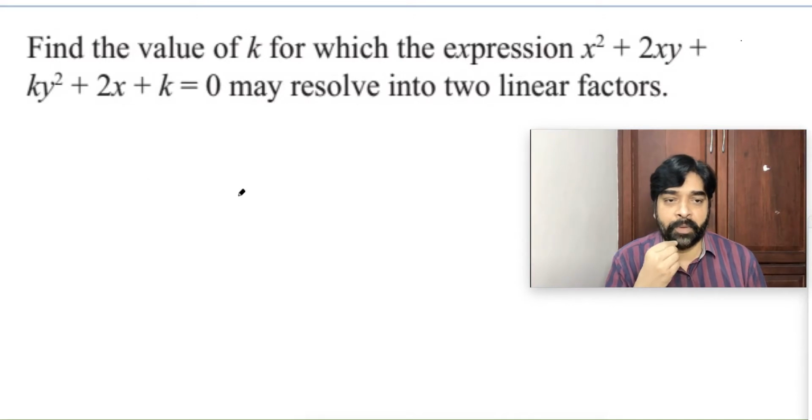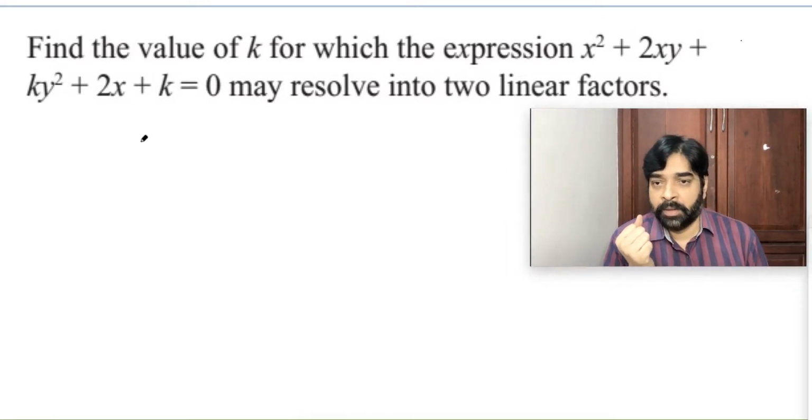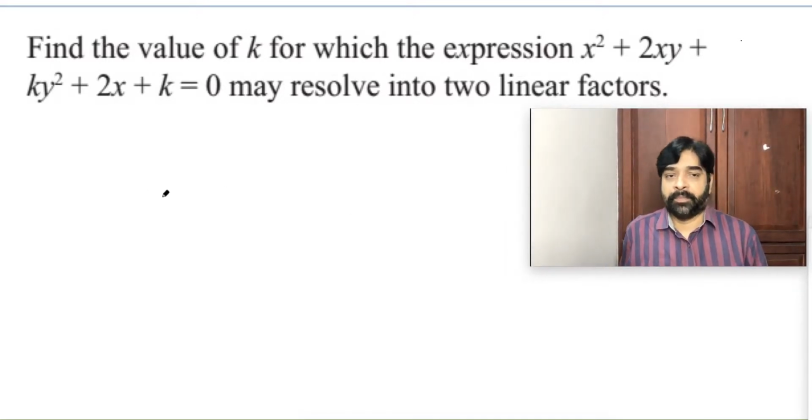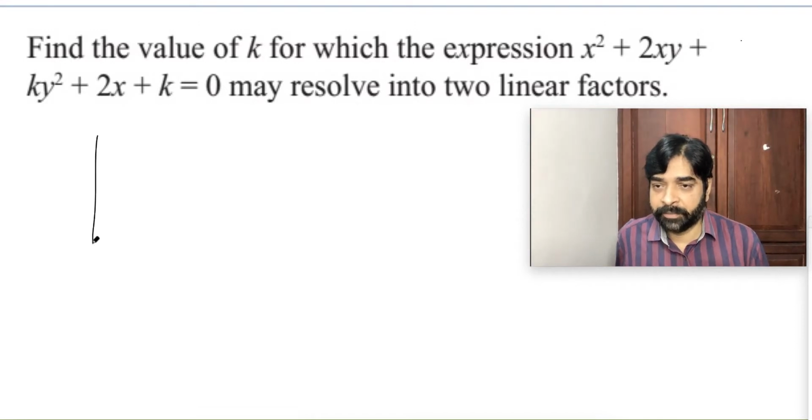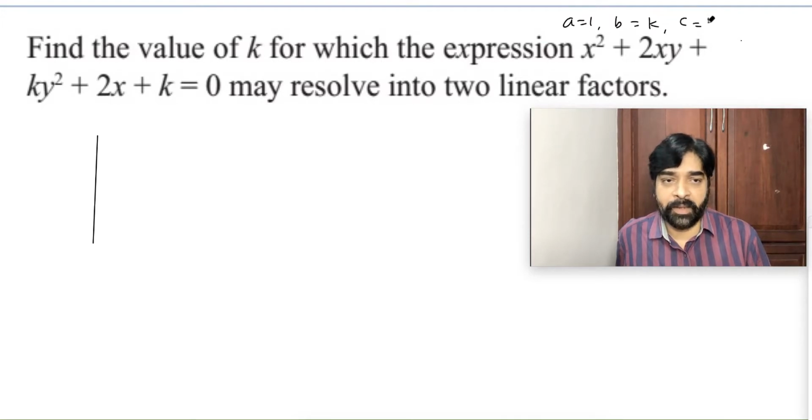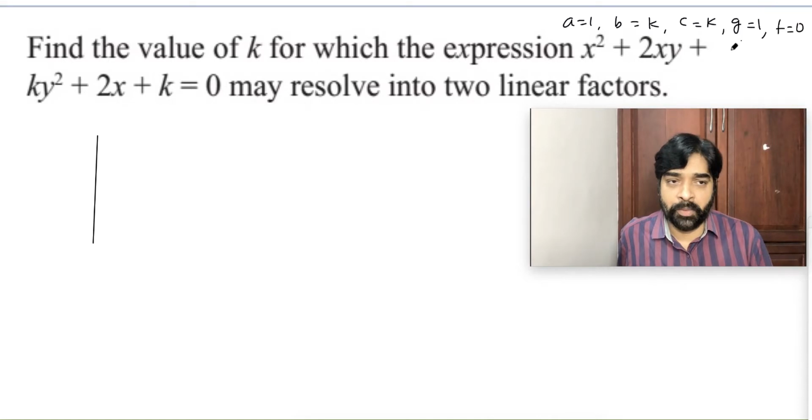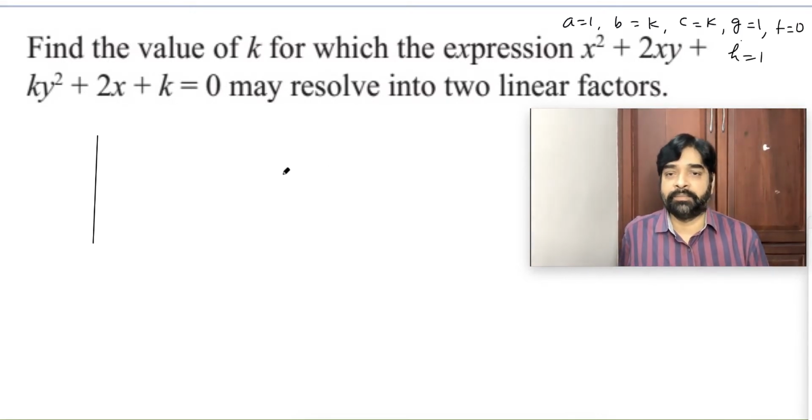Chaliye, it's done. Look here, it's over. What is the a value? 1. What is the b value? k. What is the c value? k. What is the g value? 1. What is the f value? 0. What is the h value? 1. I hope I did it correctly.